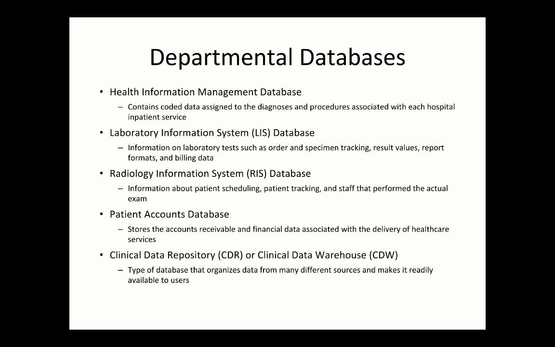A laboratory information system is a database that contains information on laboratory tests, such as orders and specimen tracking. It may include result values, report formats, and billing data. Oftentimes, the data in the database is automatically generated and entered from an automatic specimen analyzer.